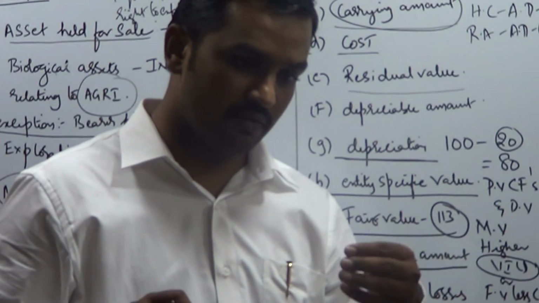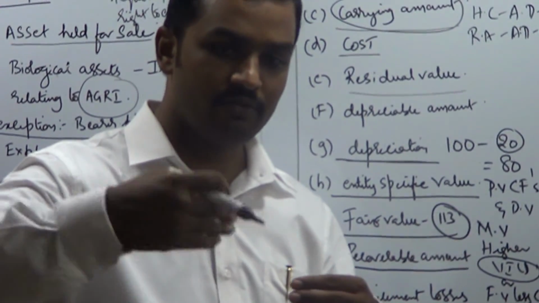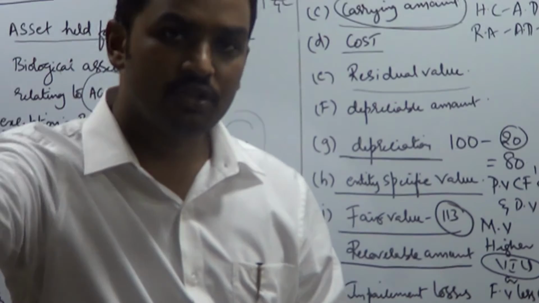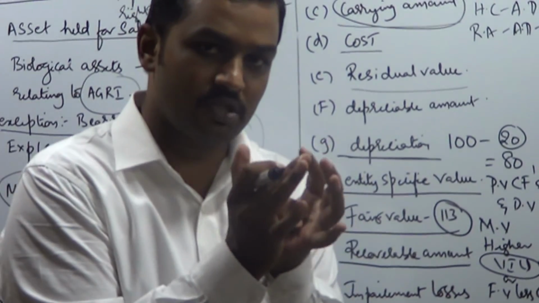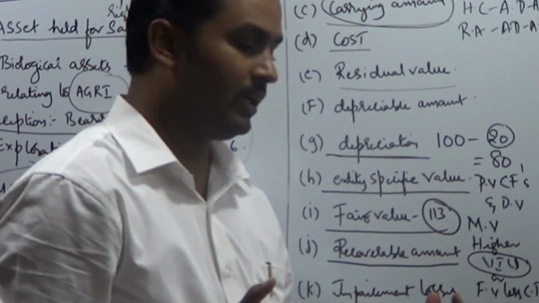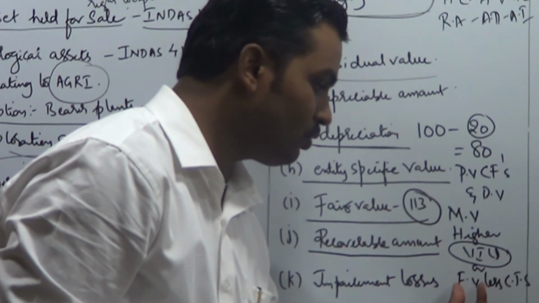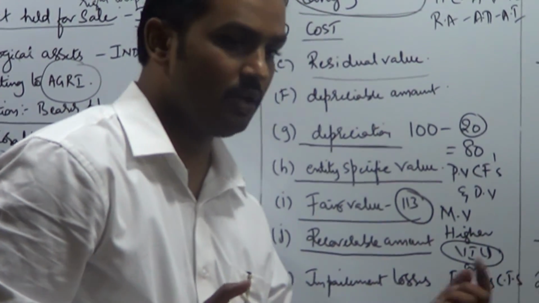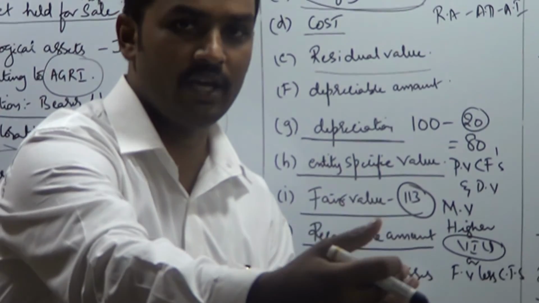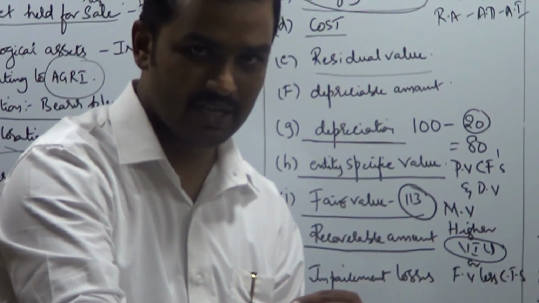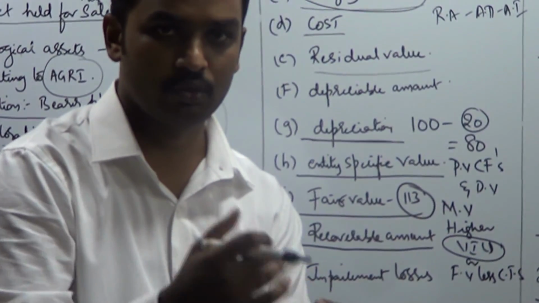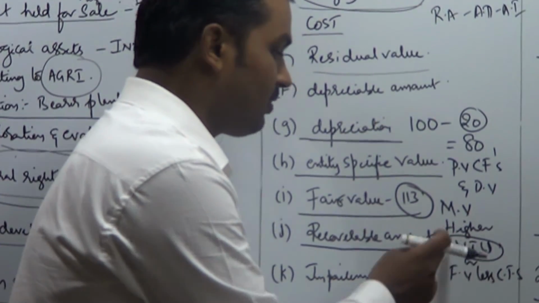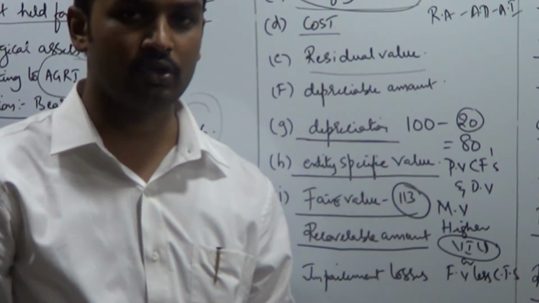So it is the present value of all cash which I am going to receive when I use the asset plus also the disposal value of the asset, their present value. That is called value in use. Then I have to compare this value in use with fair value less cost to sell. What is the market price today? Subtract cost to sell. That means the net disposal value today. Whichever is higher would be considered as the recoverable amount of the asset.